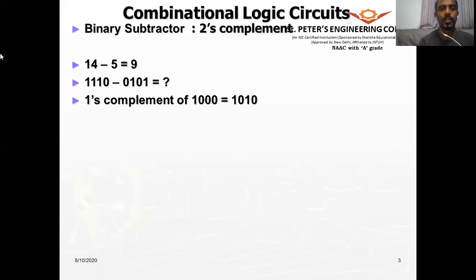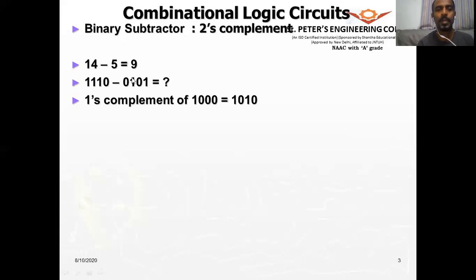Okay, now let us take this. What is the 1's complement of 0101? That is 5 in decimal. Sorry, I've taken the wrong number here. It should be 0101. So what is the 1's complement?